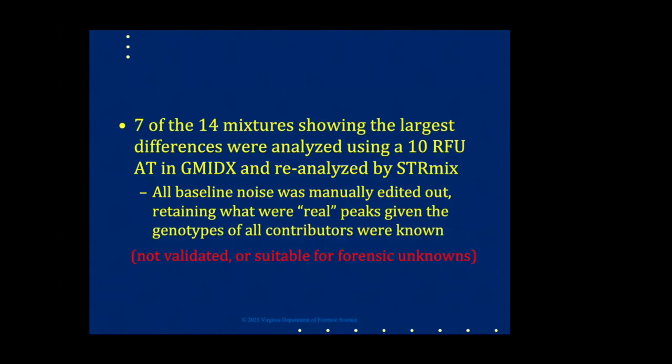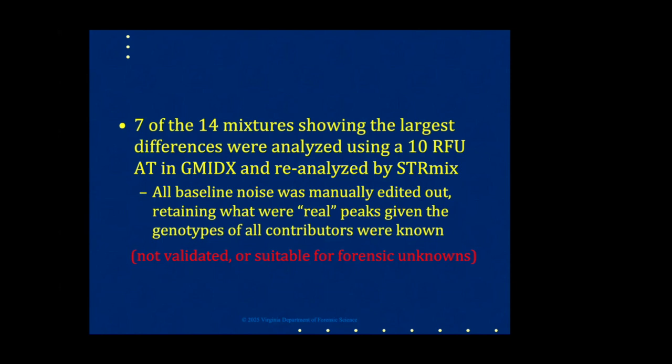Okay, this is where I deviate into something related, and then I'll come back to the TPOX locus in mix 419F. 7 of the 14 mixtures that I showed you before, showing the largest differences in contributor-specific log LR between TrueAllele and STRmix, were reanalyzed using a 10 RFU analytical threshold in GMIDX and reanalyzed by STRmix.